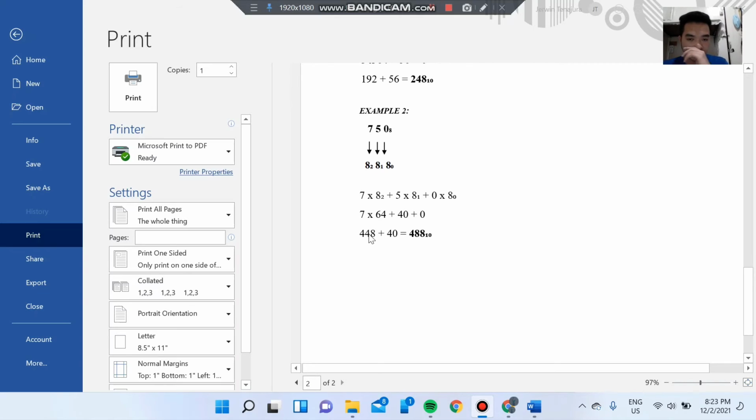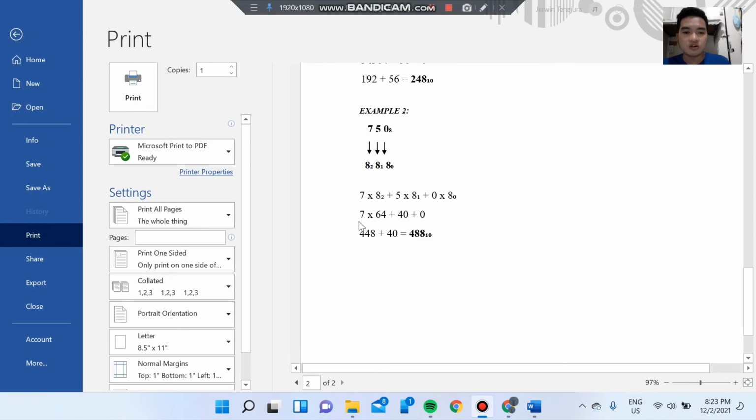So, we need to convert again. 7 multiplied by 8 times 8, or 8 squared, if we convert this number, the answer will be 64, plus 5 times 8 is 40, and 0 multiplied by 8 or any number is always 0.